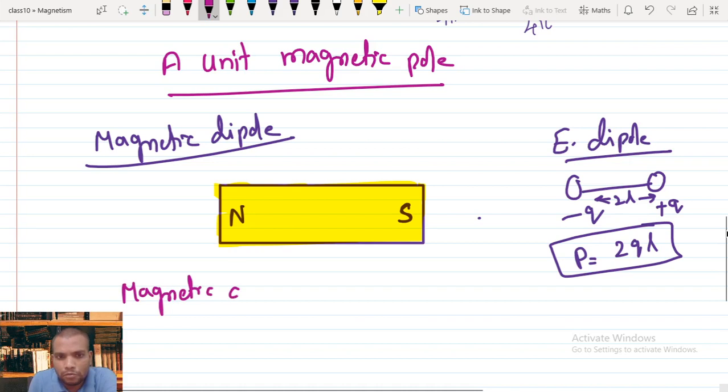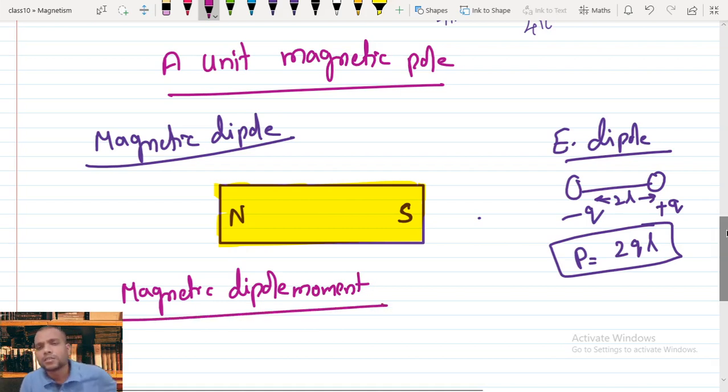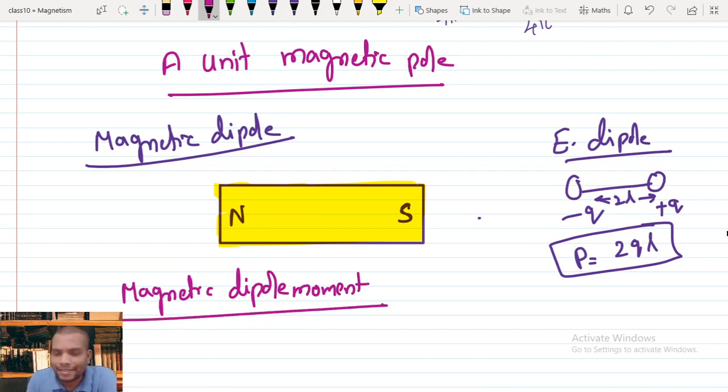Magnetic dipole moment. To define the dipole moment, we need to have the dipole length. Suppose these two magnetic poles are separated by a distance of 2L, and each has the same magnetic strength Qm but opposite in direction.